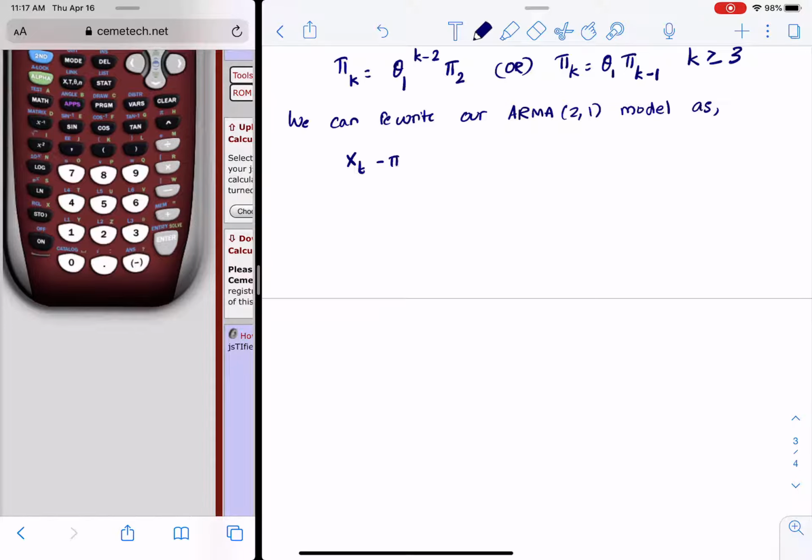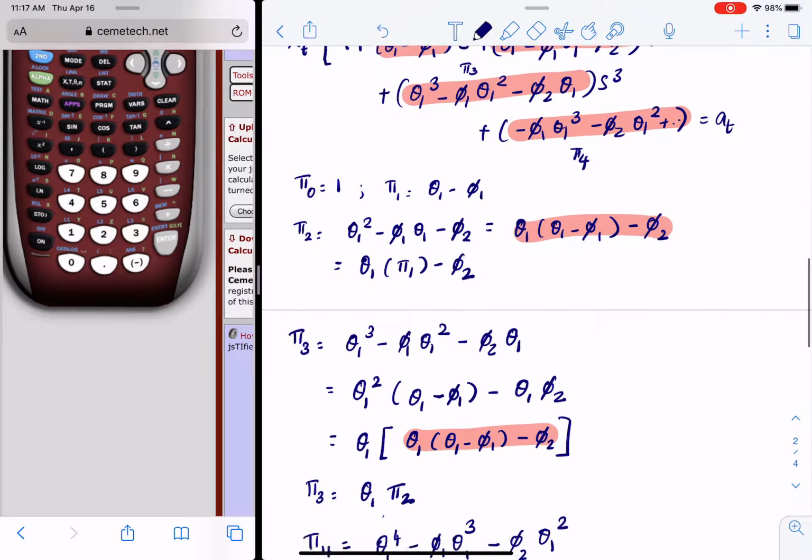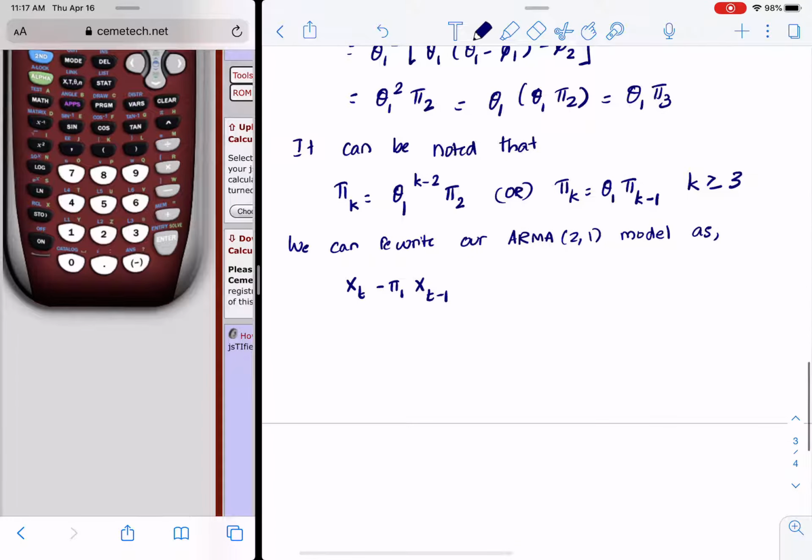xt minus pi 1 xt minus 1. So I'm going to go back and plug in those values. I have it as plus, so one plus pi 1 s plus pi 2 s squared plus pi 3 s cubed plus pi 4 s raised 4, and so on.